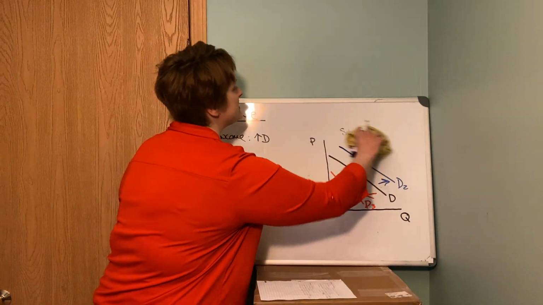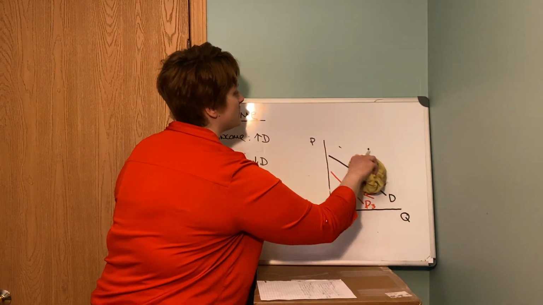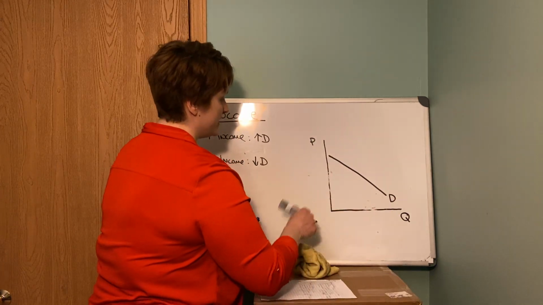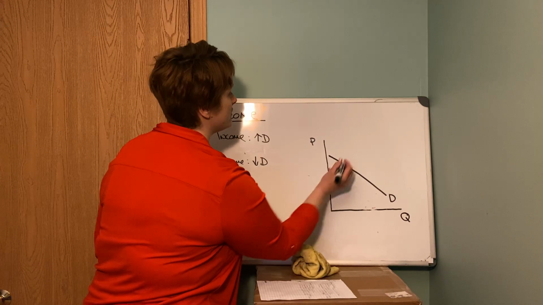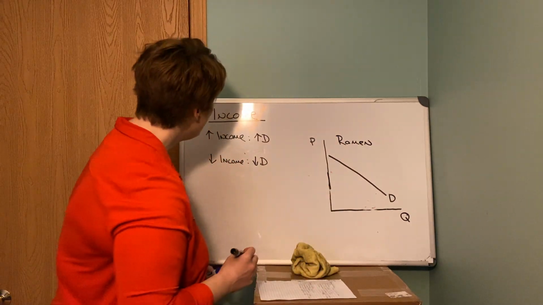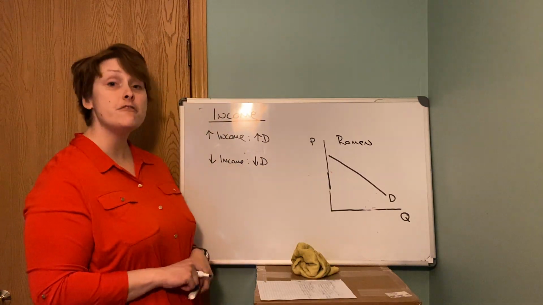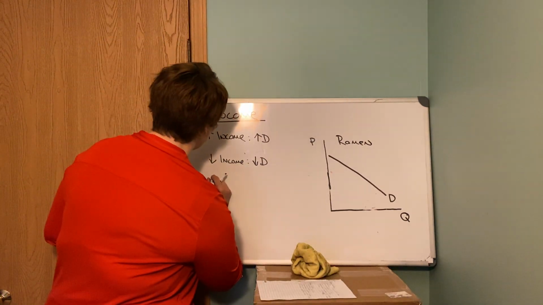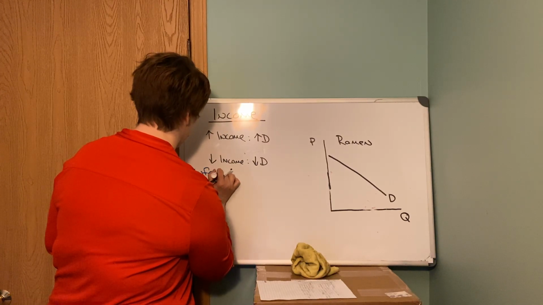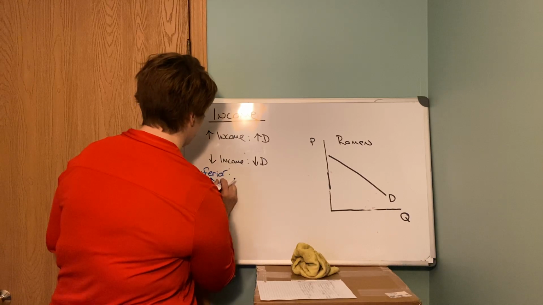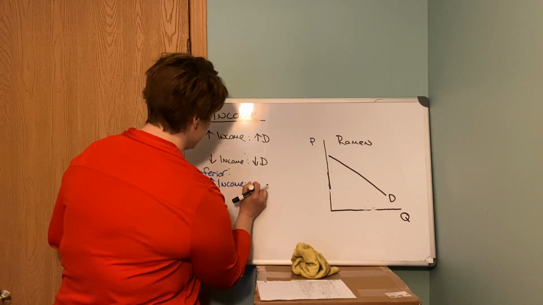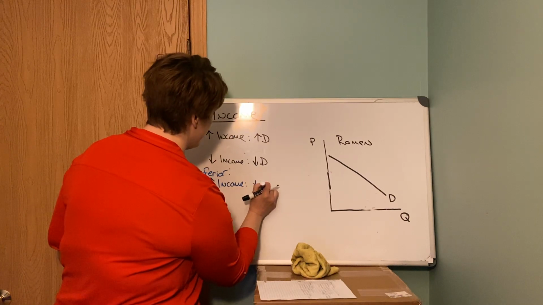Let's say instead of steak, let's look at the market for ramen noodles, which we established is an inferior good. Well, in the case of an inferior good, as our income goes up, what we're actually going to see is a decrease in demand.